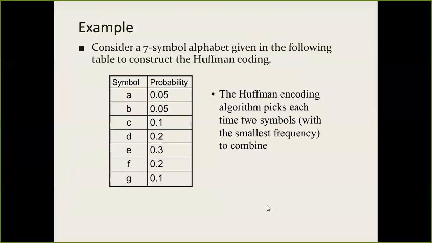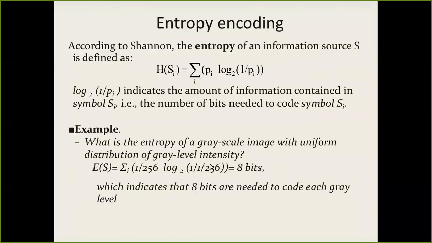The other algorithm that is used for static coding is entropy encoding. We know entropy, in information theory, is a measure of the content of the information available. It can measure the degree of disorder in a given data.